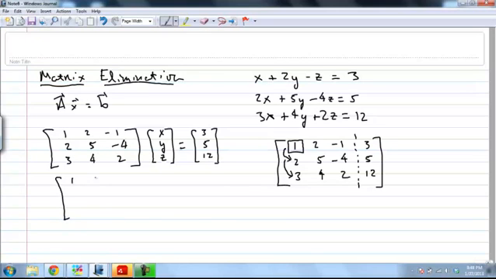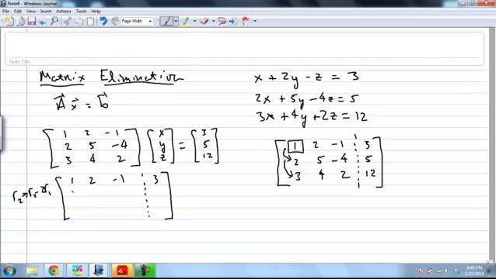In this first step, my top row is not going to change. I'll form the new second row by subtracting twice the first row from the second row. Let's make a note of that here: R2 goes to R2 minus 2 R1.